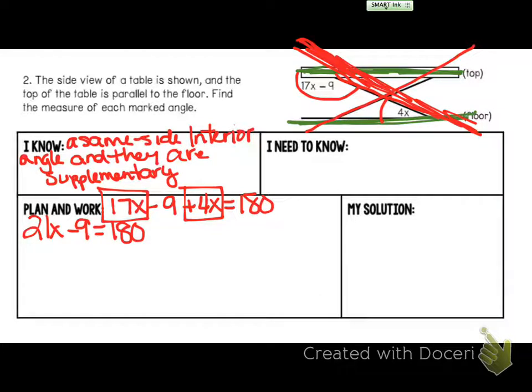Okay, so what do I need to do now? I need to add 9 to both sides. That makes this one go away, and I'm left with 21x equals 189. If I divide both sides by 21, x equals 9. So I need to know what x is, right?